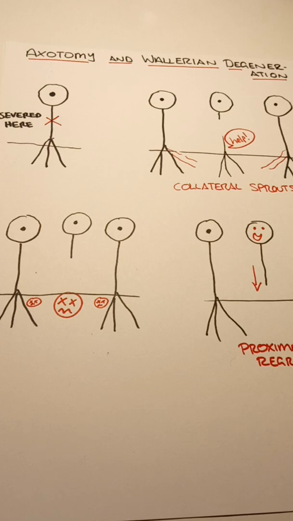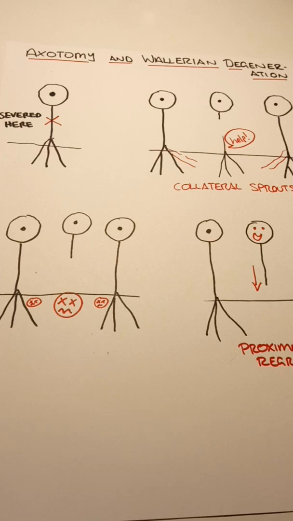which means the cell body swells. The nucleus moves from the centre, right? So it's eccentrically located, and that means it's knackered. Then the Nissl bodies dissolve, which basically means it gets rid of waste tissue.